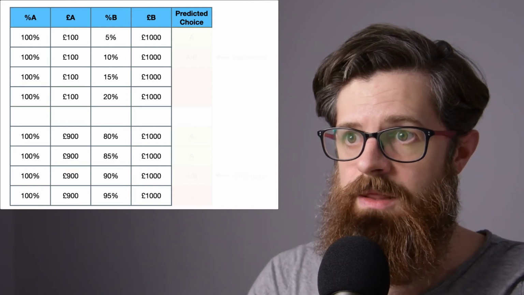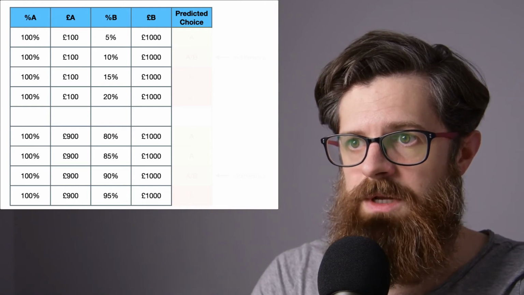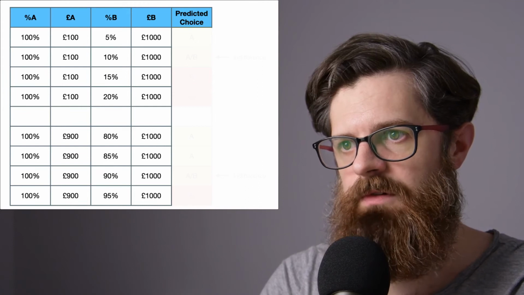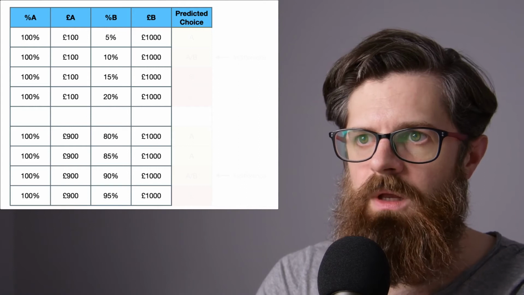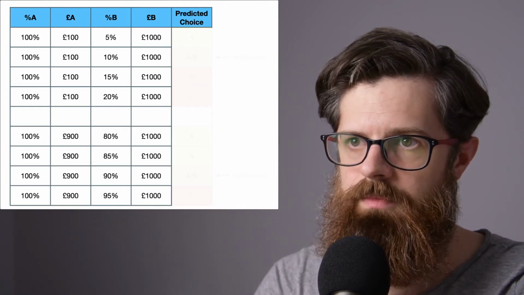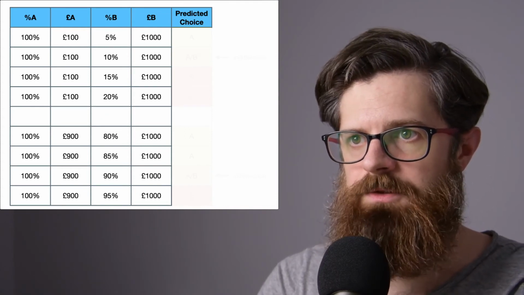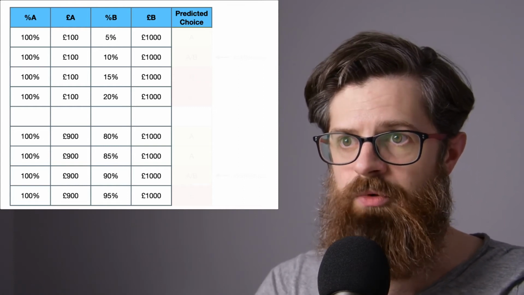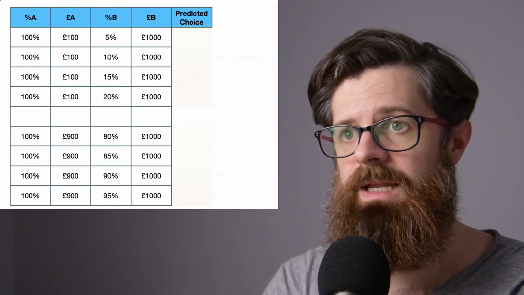And so we can see in the first 4 trials here that I've written down, the participant is offered £100 for sure. And then in the trials following that, they may be offered £900 for sure. Now, choice B, this is the risky choice. In this kind of made-up experiment, we're always offering them £1,000. But what we're changing over trials is the probability that they will get that £1,000 on any given trial.